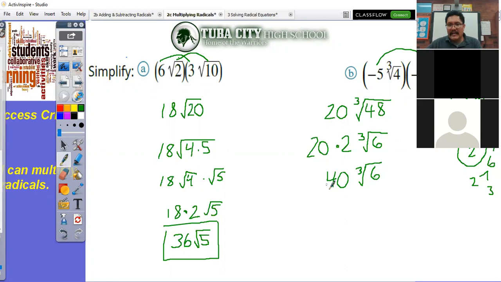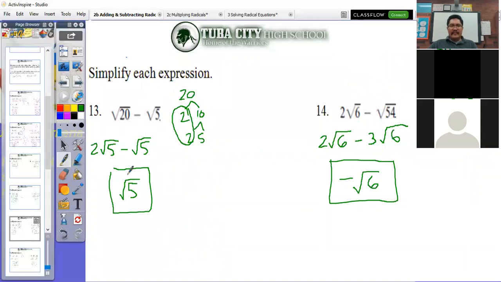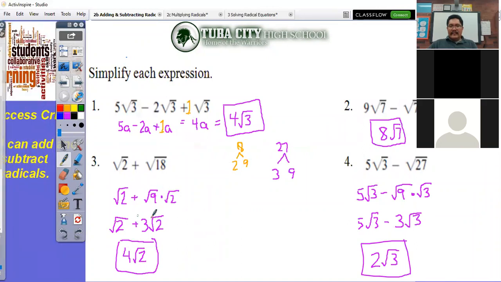If you remember when we were adding radicals, if you take numbers out, they're going to multiply to that. I don't remember when exactly this was, I think it was Friday. So if you have numbers that come out, there's a chance that it's going to multiply to that number.